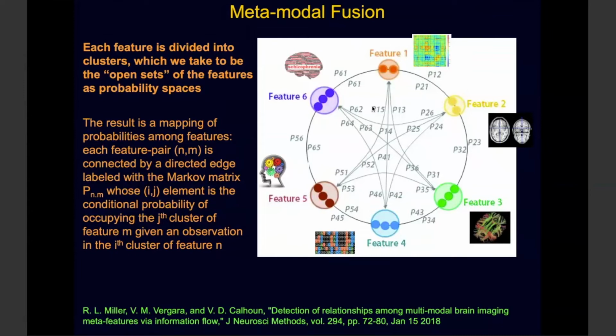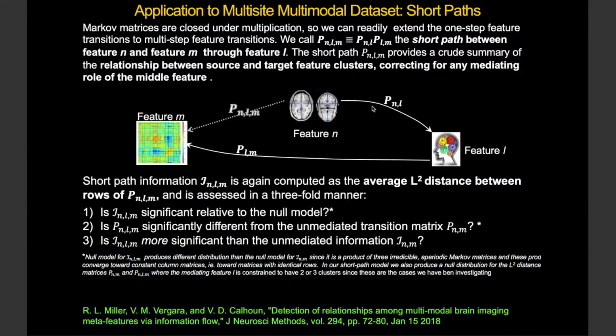The nice thing about this is it lets us do either short or long path type inferences. So we could look directly at feature M to feature L, or we could look at how feature L and feature M go through feature N, for example. It's a useful approach.